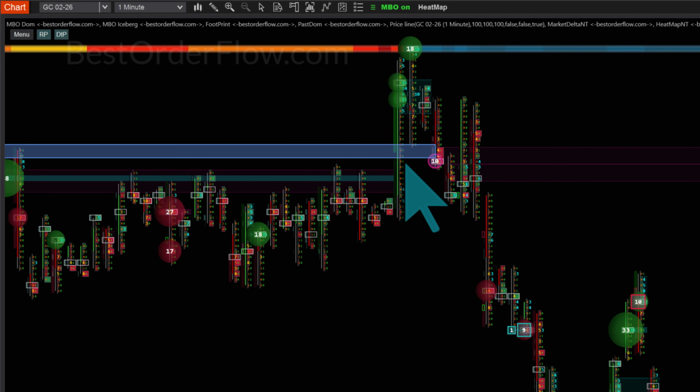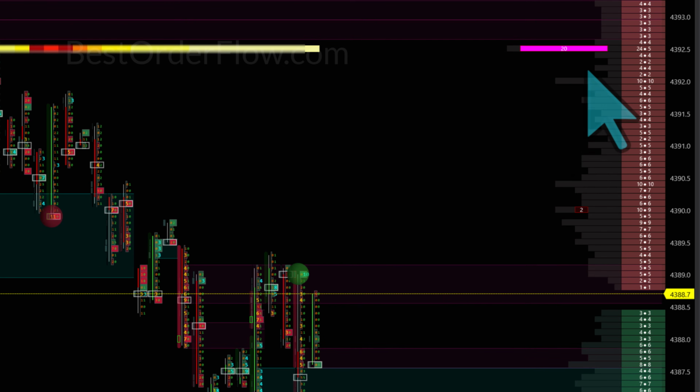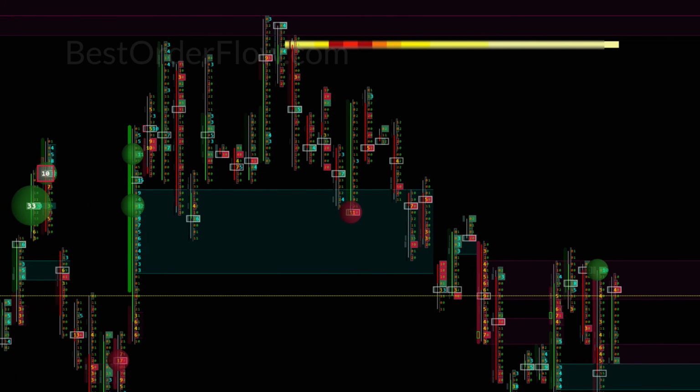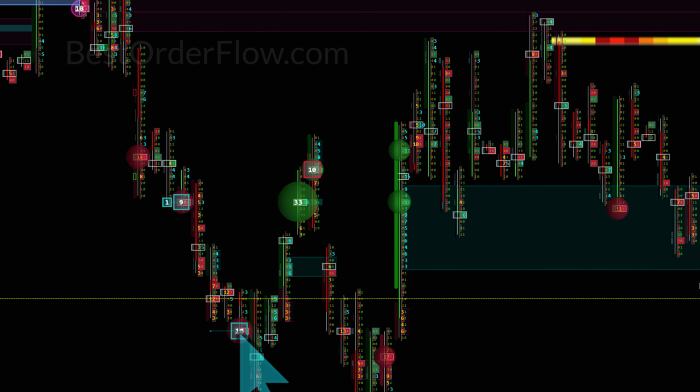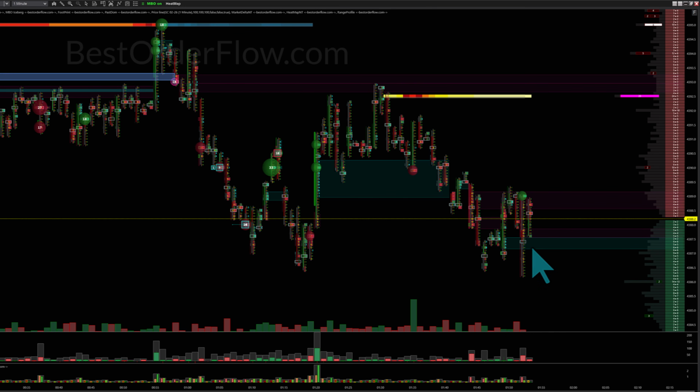We can see the level 2 indicators with a heat map that shows us historical liquidity, or we can see current liquidity on level 2 with the market by order DOM. We also can see some hidden activity by the iceberg, so we can make better decisions for our entries with this new set of indicators.